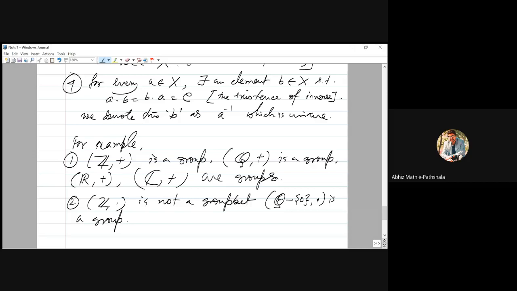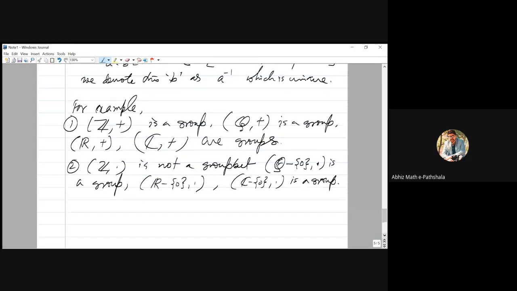So if you take out this 0 from Q, then you will see that yes, Q minus 0 will form a group with respect to multiplication. And in a similar way, you can say that R minus 0 dot is a group, C minus 0 dot is a group. Okay?